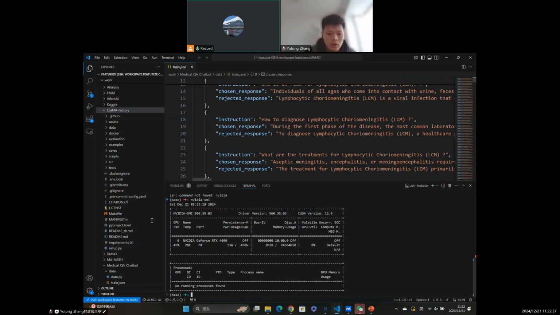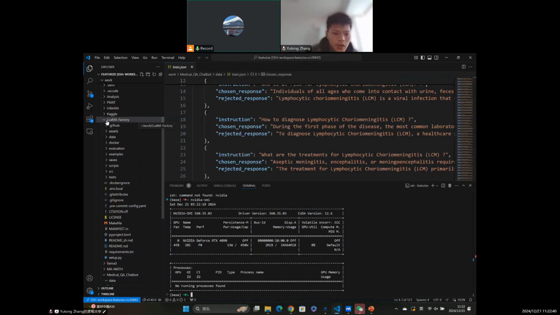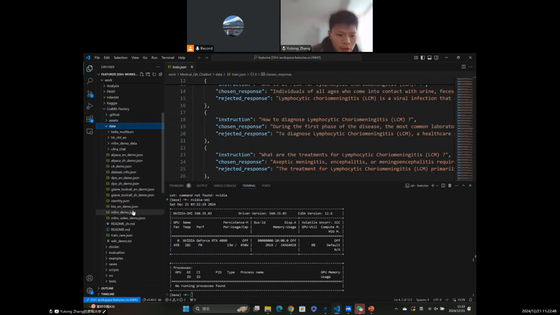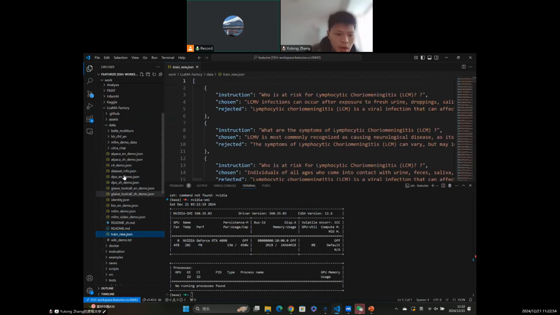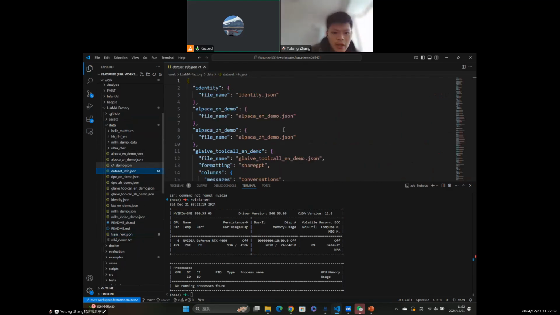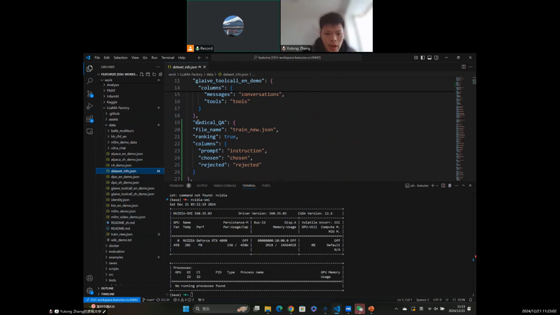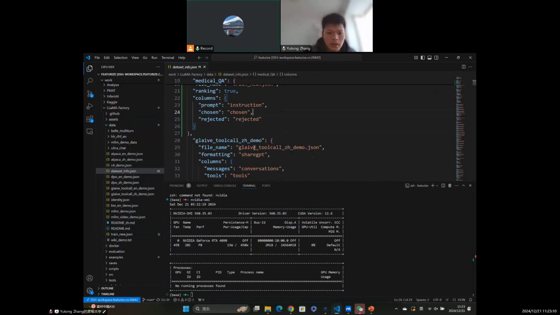After we clone this library from GitHub, we have to put our dataset here, and add some descriptions in the dataset information part. Here I add my medical QA dataset and the file name, and assign my name to this.